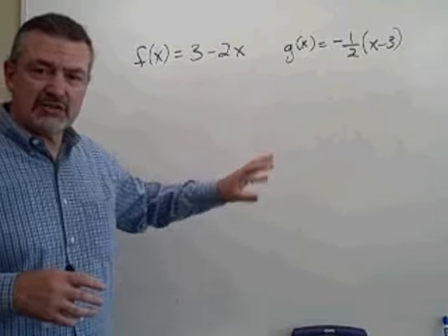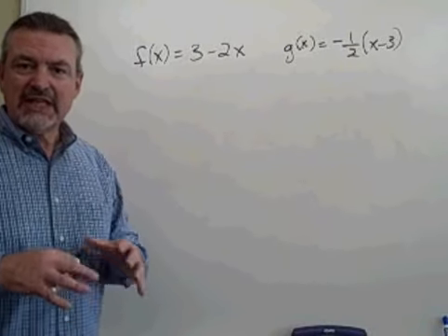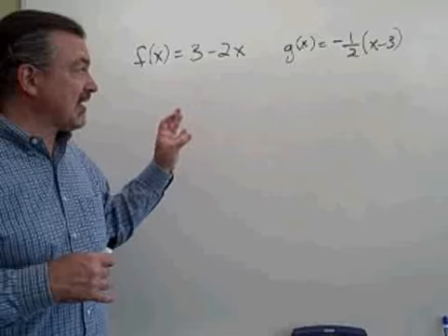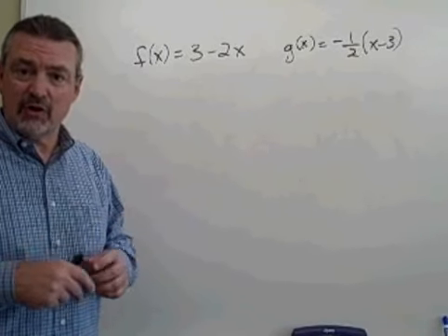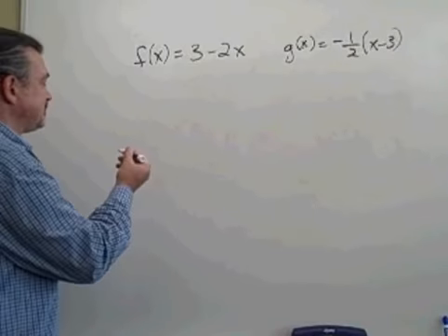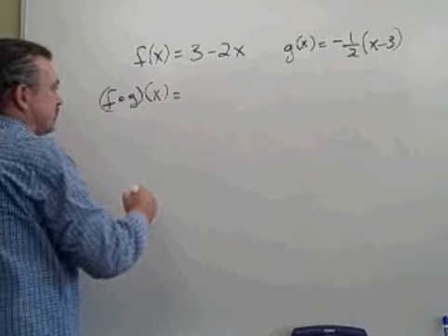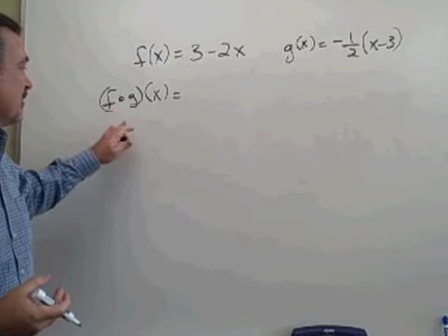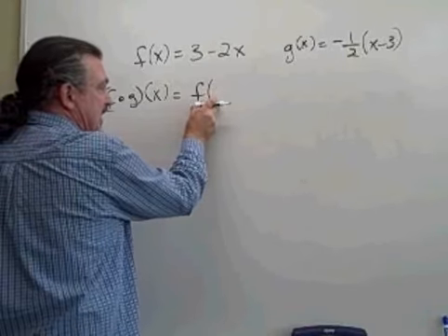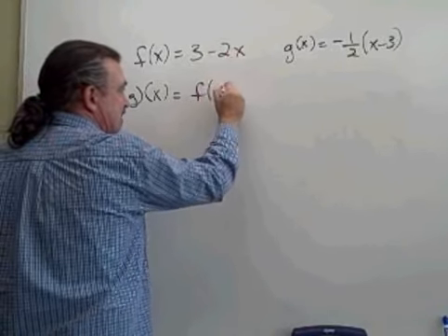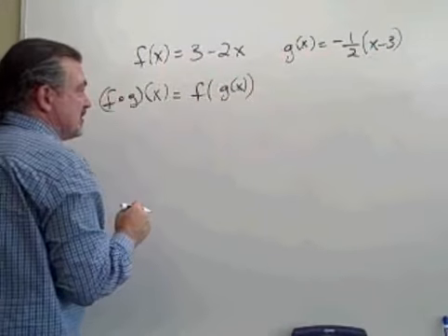So we want to take these two functions and test them to see if they are inverse functions. If they are inverse functions, then f composed with g and g composed with f will all equal x. Remember how we compose the functions. f composed with g means we take the function f, and wherever there's an x, we replace it with the entire expression for function g.